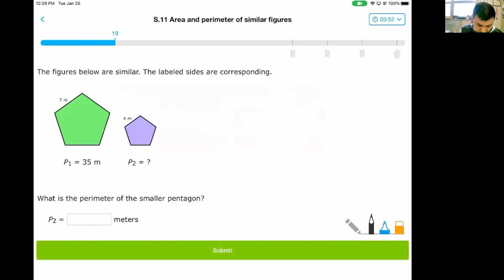And that's really the 2 different types of problems. Eventually, if I do enough, I'll get to ones, maybe, this isn't one, where instead of giving me both side lengths, they give me both perimeters and ask me what the side length ratio is. Or maybe they'll give me both areas and ask me what the side length ratio is.